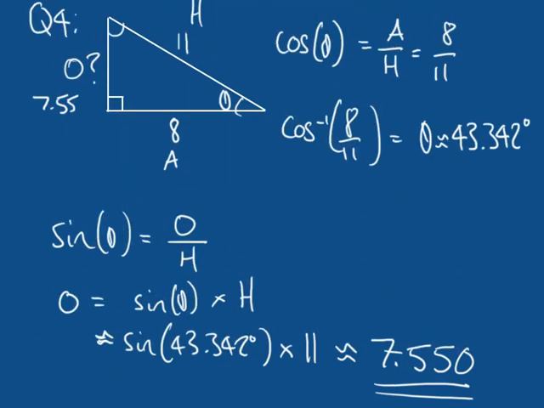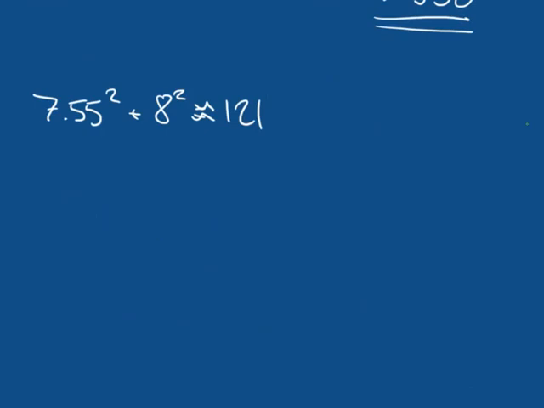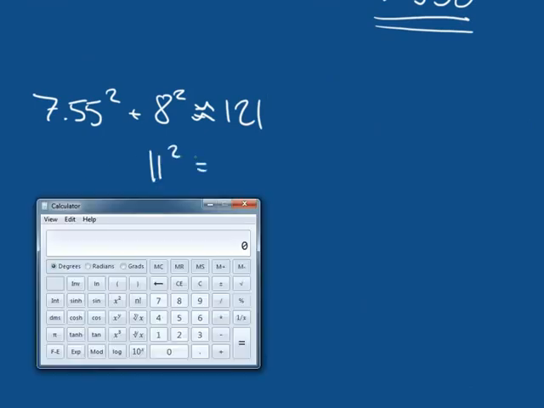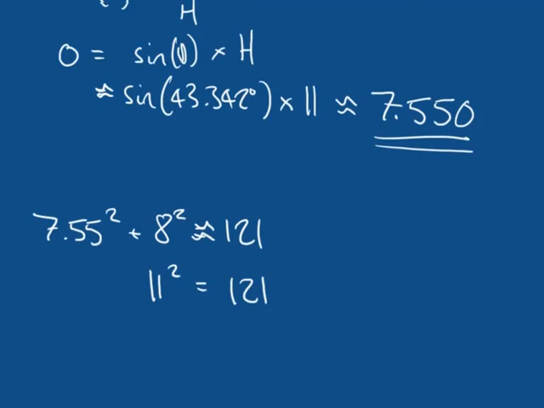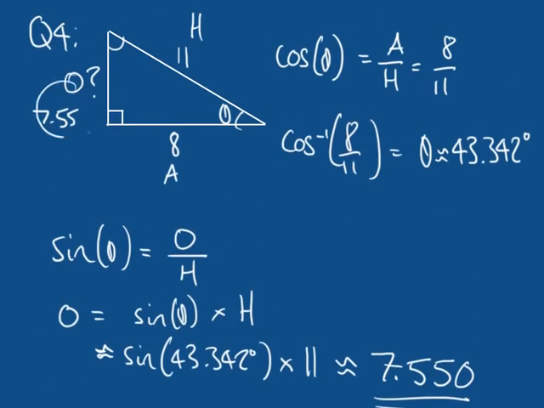Well, the other edge, our hypotenuse, is 11. So 11 squared is equal to, now I know the value of this, but I will use a calculator just to prove to you that I'm not cheating here. 11 times 11 is equal to 121. So we can see that indeed our value of 7.55 is close enough to the actual length of this opposite edge.